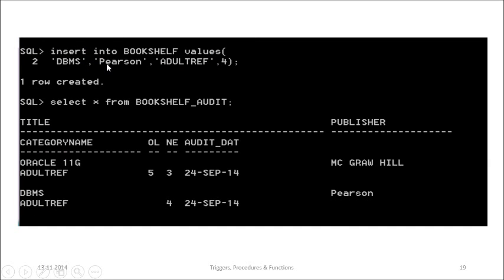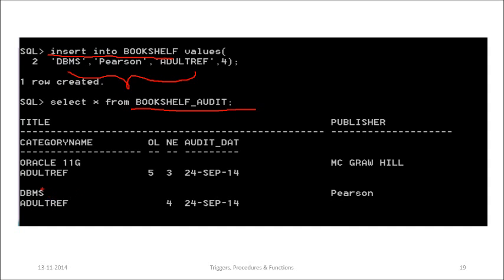As the update was same as the previous example shown, I am going to show here only the insert command. So we are inserting here into the bookshelf. So as it is, the trigger is going to be executed, and the values from here are going to be inserted into the bookshelf audit table.